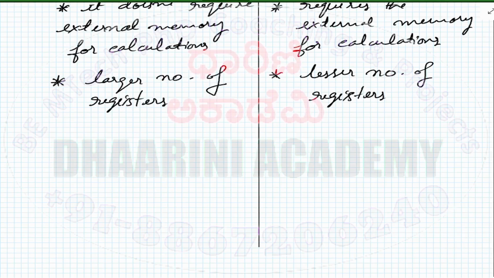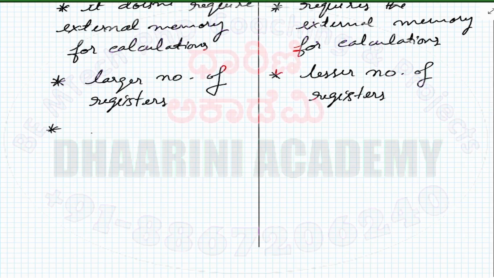When we write a program, we need more registers if we want to store a huge amount of data. Whenever that is not provided, you need to give external support. RISC does not require it.